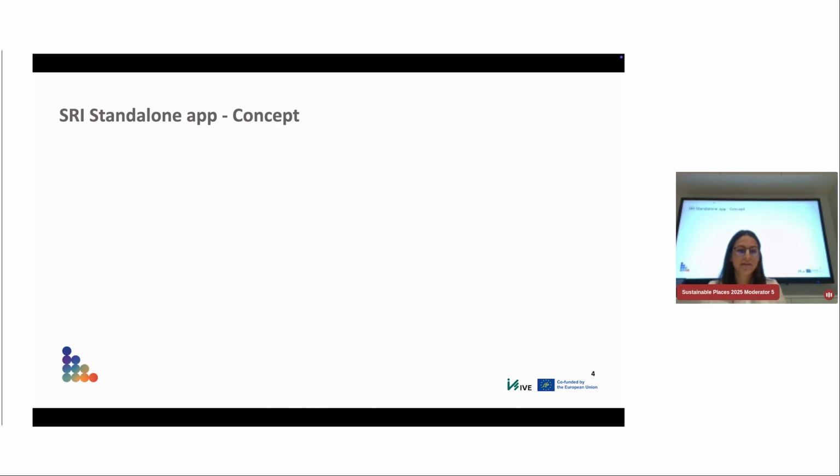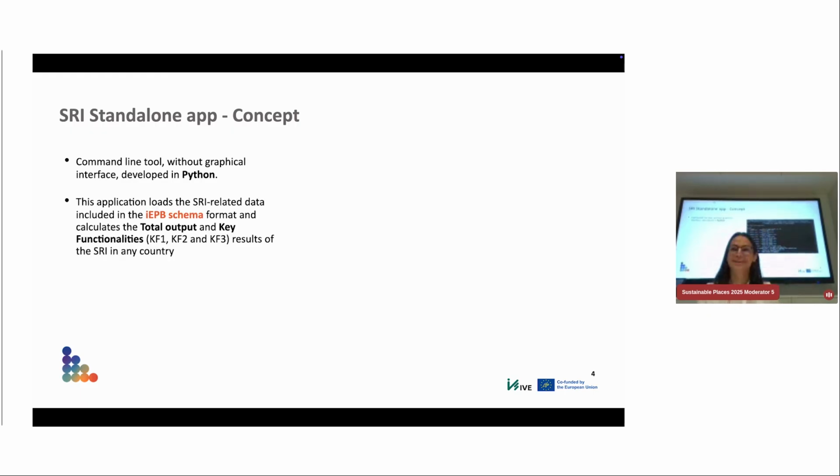So, what is the SRI standalone application? Unlike the other very user-friendly applications, this is just a command line tool with a graphical interface developed in Python. It looks like this.